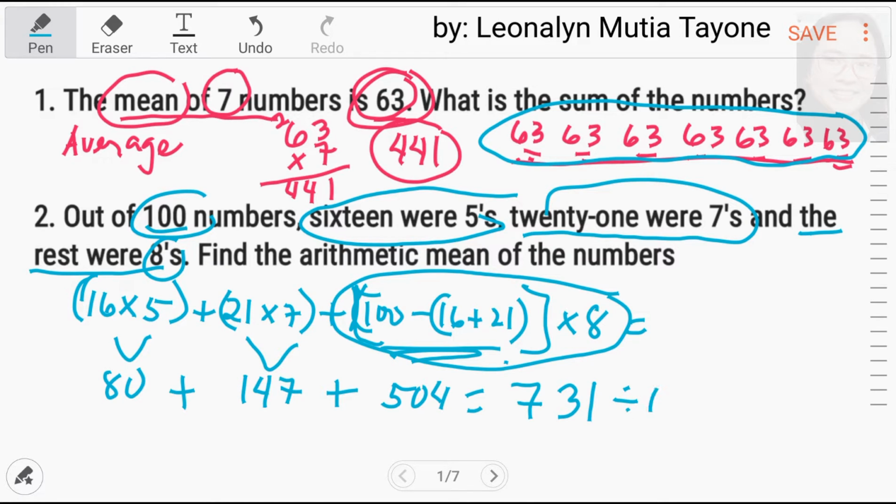Then we divide by 100 because there are 100 numbers in all, and the answer here is 7.31.